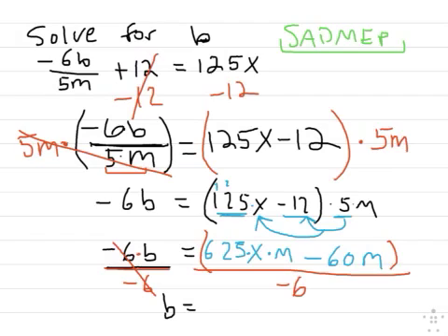And what does this thing equal? Oh my gosh. I'm not even going to try to do this one in my head, but that's 625 over negative 6 times xm, right? You don't have to put the times in. And then we've got 60. I can simplify that one in my head. Minus 10m, right?